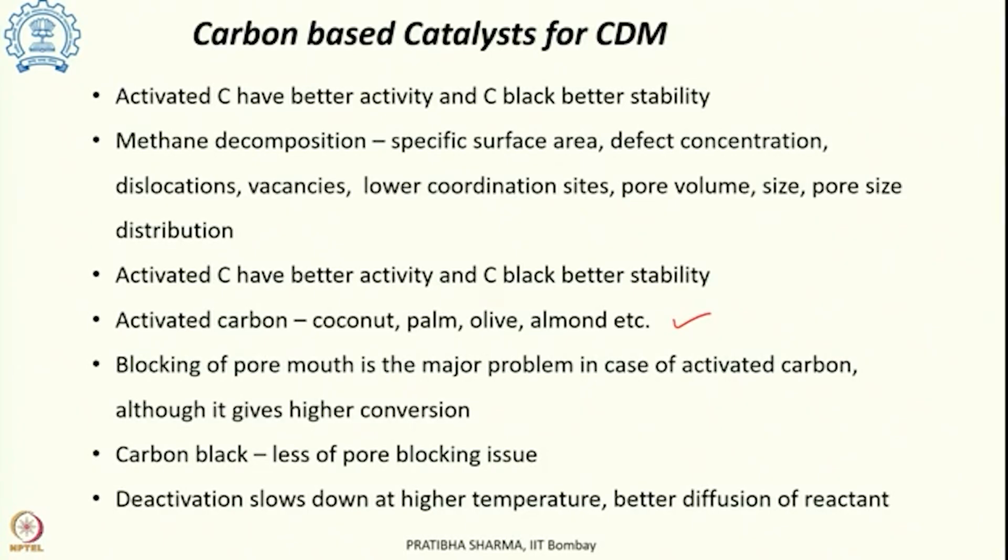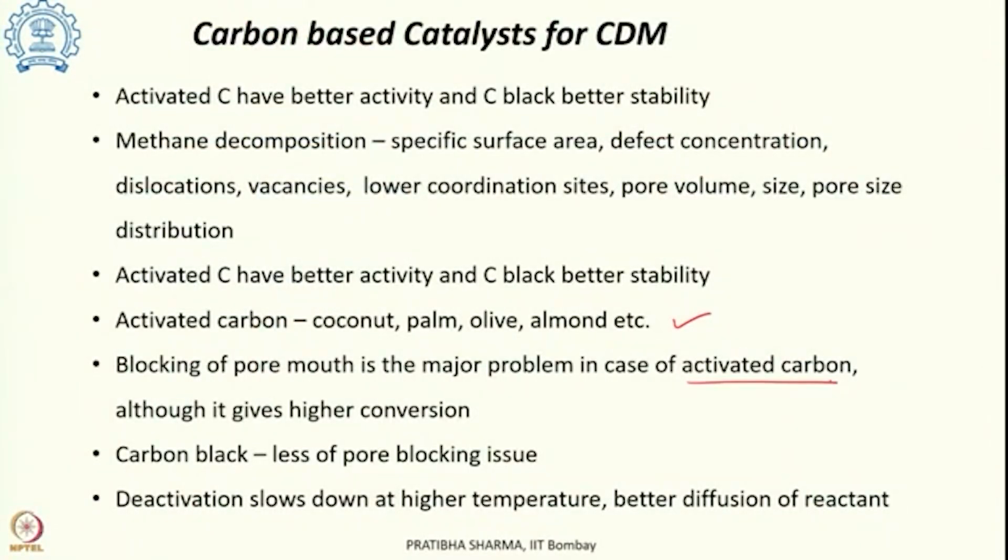The major problem that is observed with activated carbon, although it has a better activity, is pore blocking, and that pore blocking reduces the area which is available for the methane decomposition. So, if the external surface area is higher, then it will allow more active sites for the decomposition.